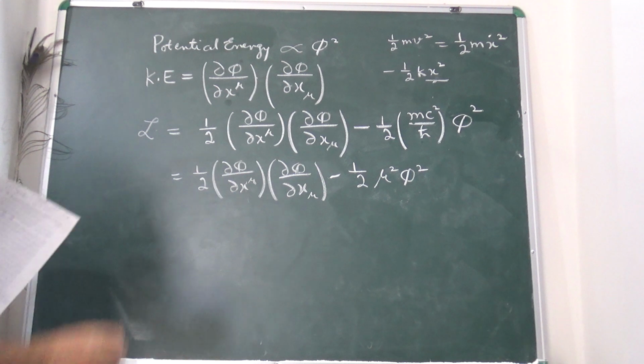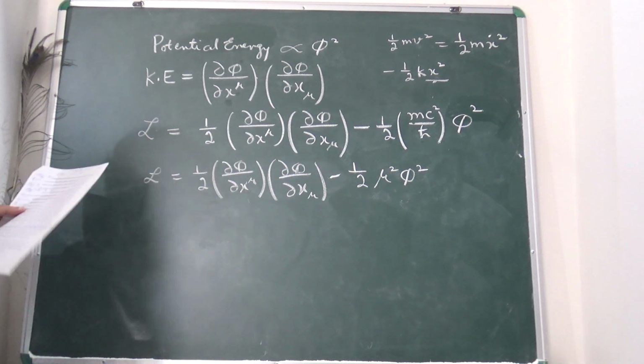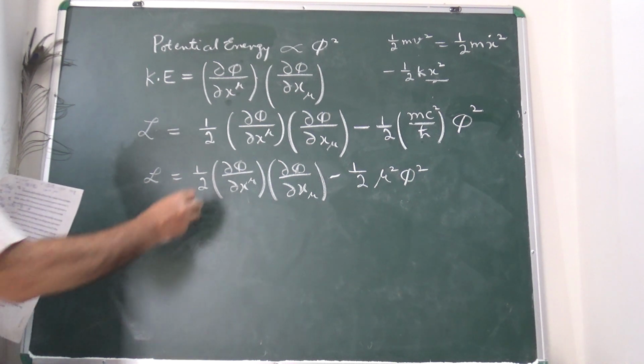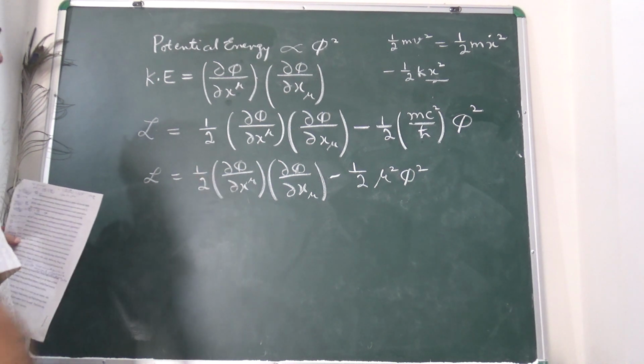Now again substitute this in the Euler-Lagrange equation. This is the Lagrangian. If you substitute it in the Lagrange equation of motion, you will get the equation of motion.